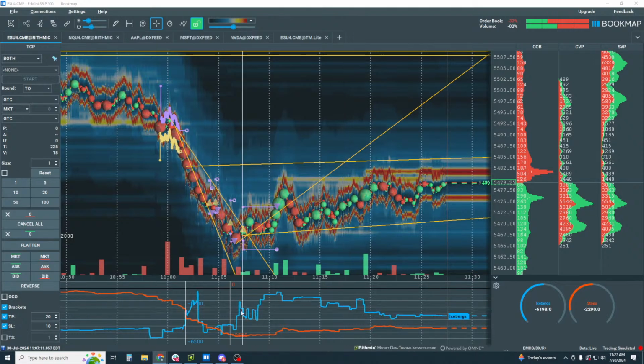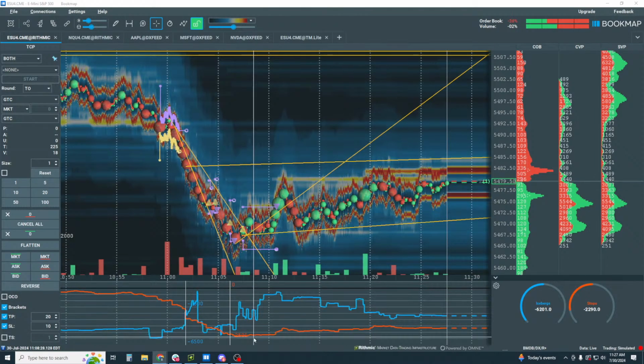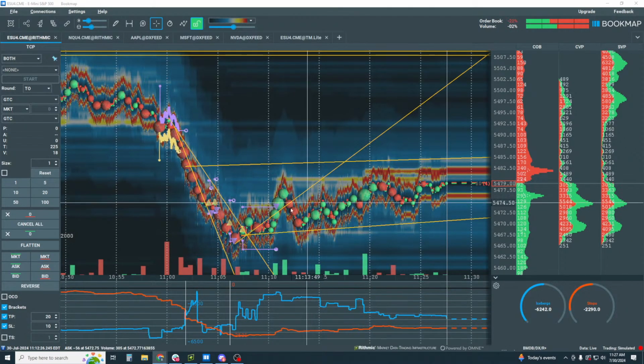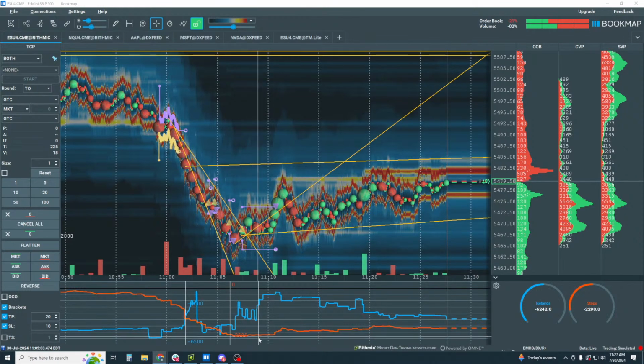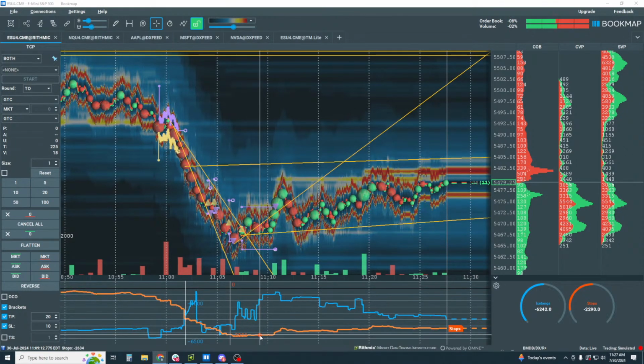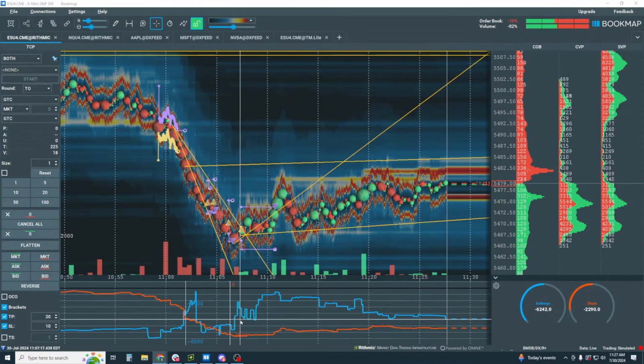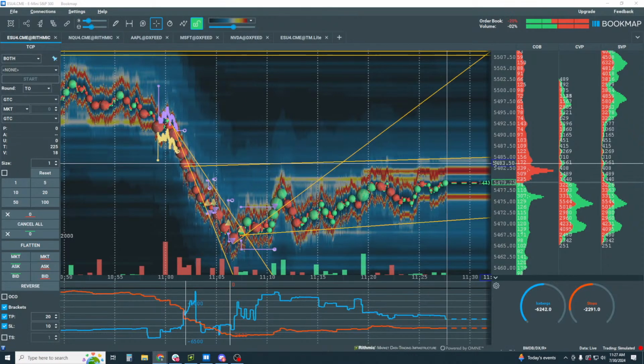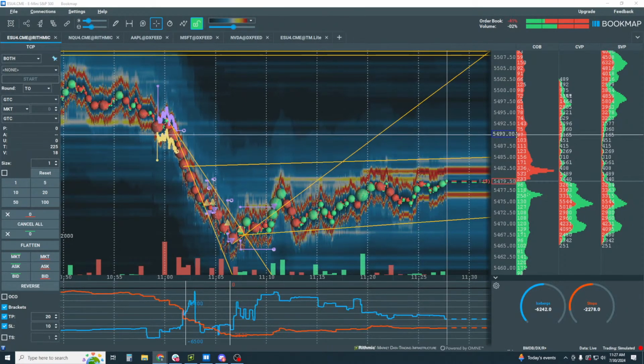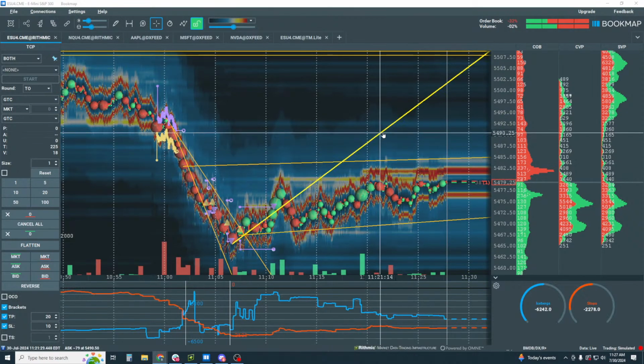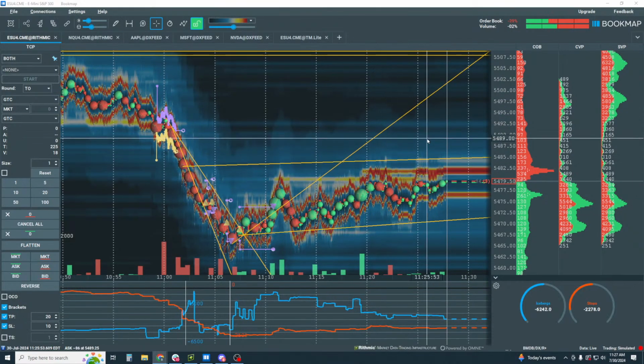So using this again as a confluence, you can look for when those stop runs start to subside and where these icebergs were picking up in this case. That's what I would be looking for. Iceberg stops in this example.